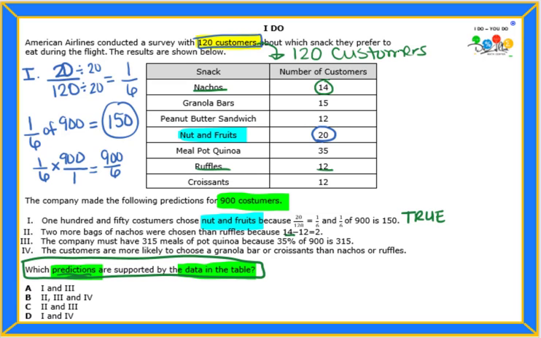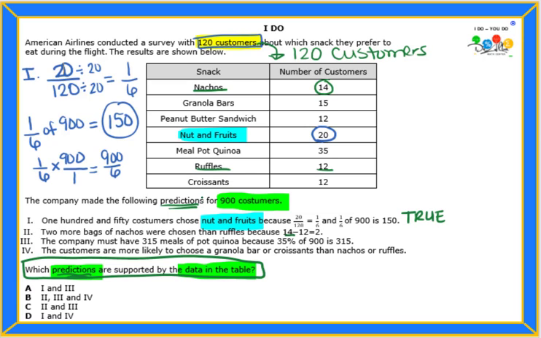And the question is, which predictions are supported by the data in the table if the predictions are, look at here, the company made the following predictions for 900 customers. So the predictions that are being made are for 900 customers. And statement number 2 is not using the data for 900 customers. It's using the data in this table, which is only for 120 customers.